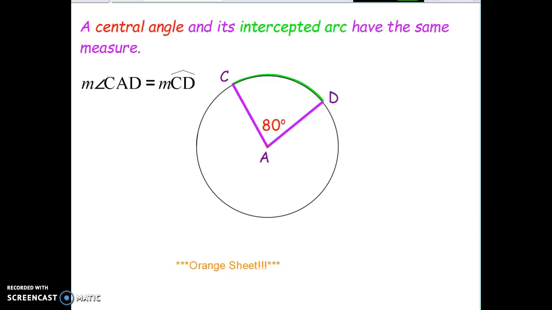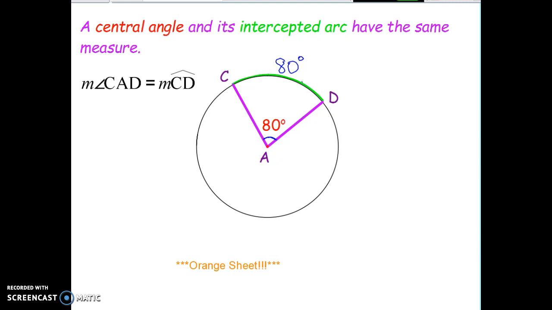So here's the relationship between a central angle and the intercepted arc. They are the same. So if we know that the central angle is 80 degrees, then that means that the arc is also 80 degrees.